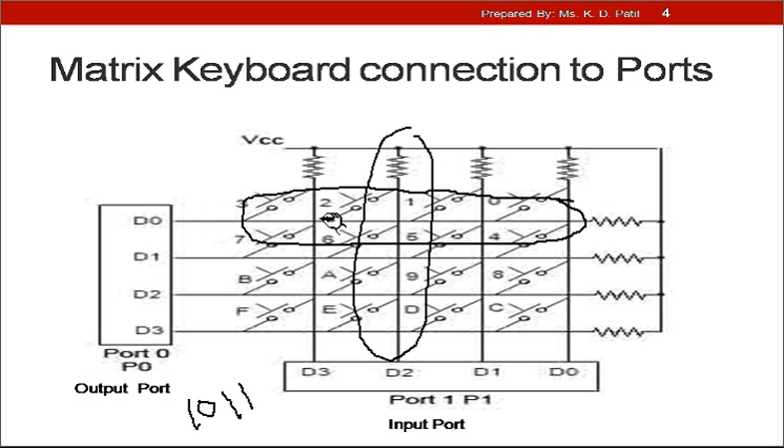Now the row is D0 and the column is D2. So the interconnection will be here, and the microcontroller will understand that key 2 has been pressed.